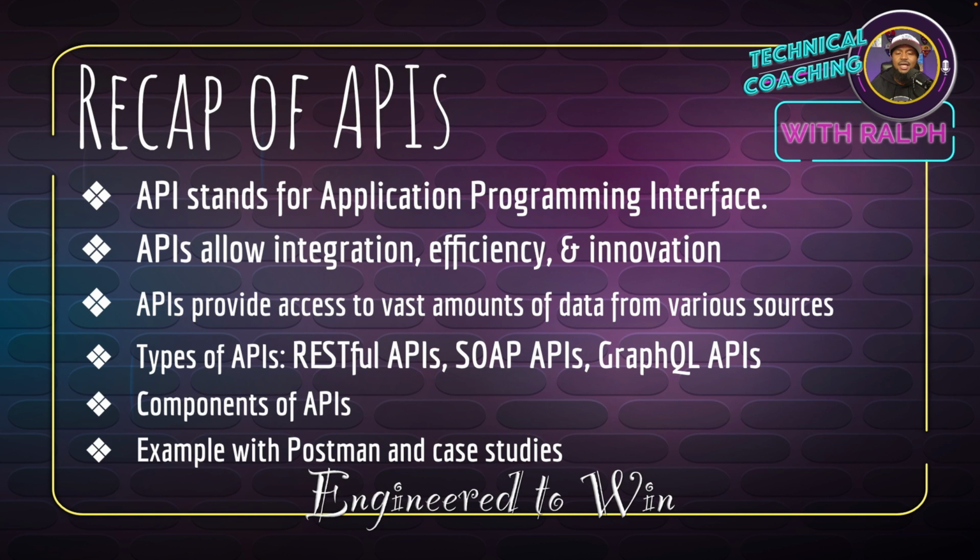Types of APIs: there's RESTful APIs, probably the most popular one right now, there's SOAP APIs, and then there's GraphQL APIs. Then we discussed the different components of the APIs, and we wrapped it up with some examples of APIs using Postman, how you can get some practical application, and some case studies of APIs.